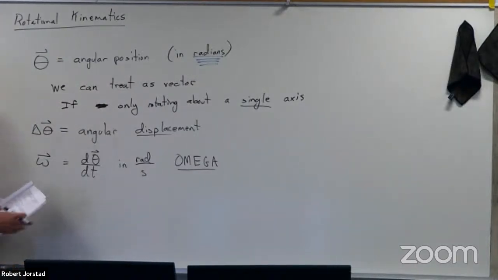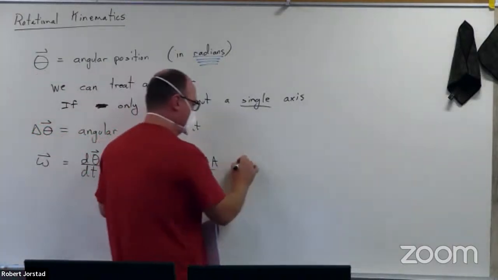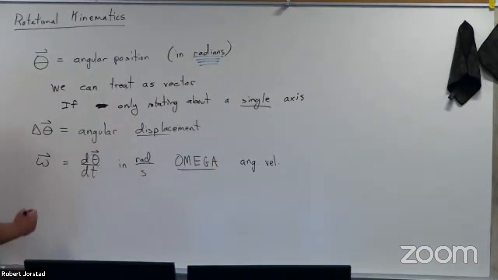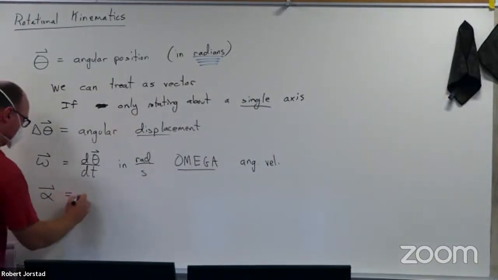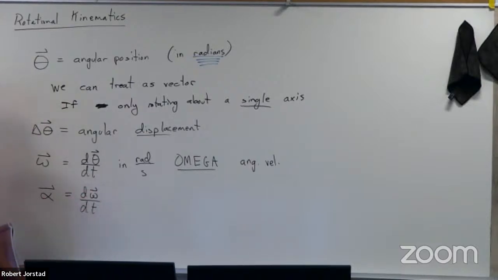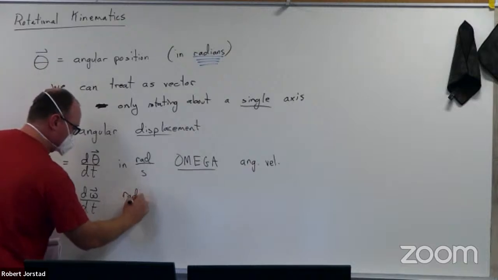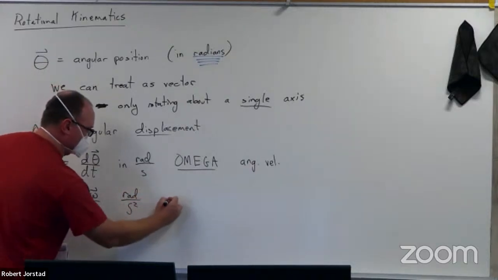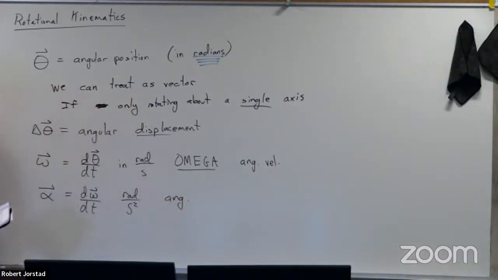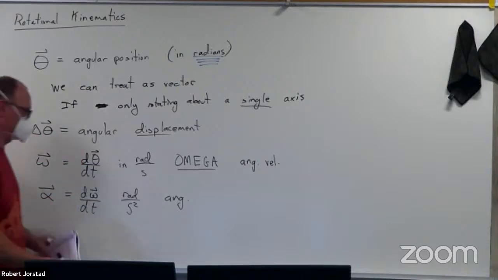This would be angular velocity. You got all the notes there. Alpha is a new symbol. I don't think we've talked too much about alpha yet. That's d omega dt, radians per second squared. That's going to be angular displacement, velocity, acceleration.